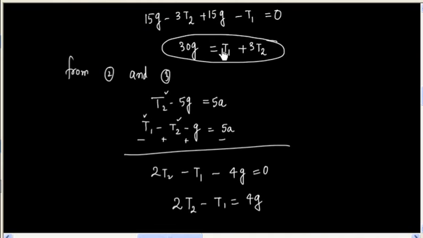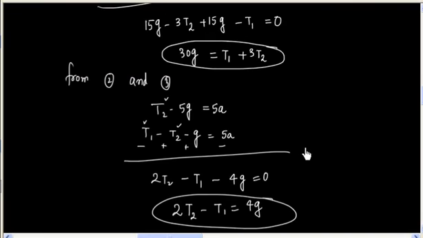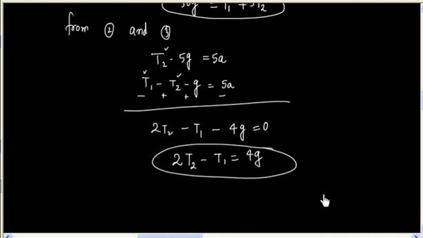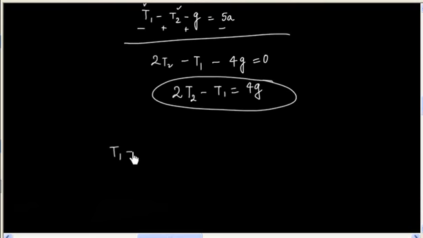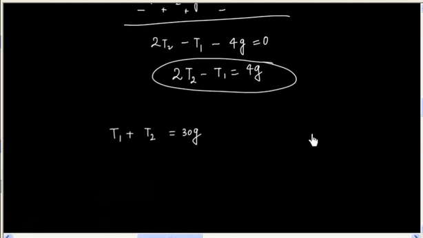So we have two equations. So we can solve for T1 and T2. So T1 plus 3T2 is equal to 30g.